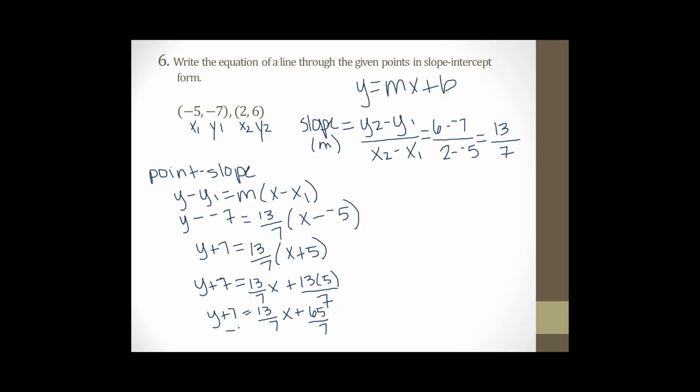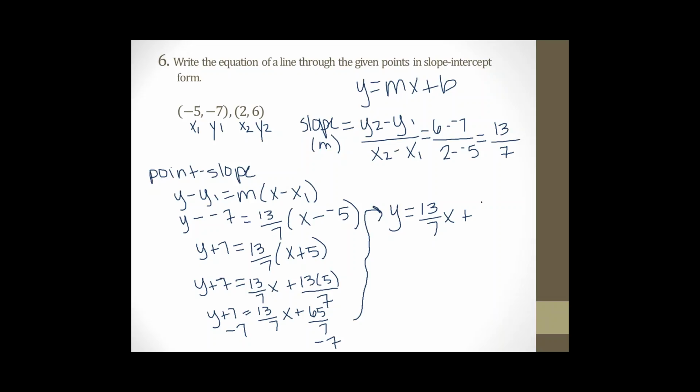Now I need to subtract 7 because I want to isolate my y so it can be in slope-intercept form. So that's going to be y equals 13 over 7 x plus 65 over 7 minus 7.